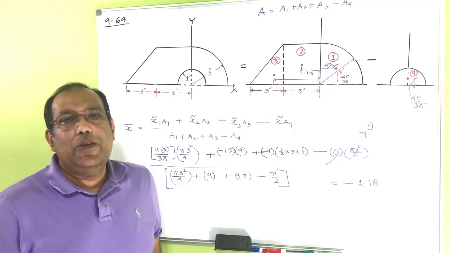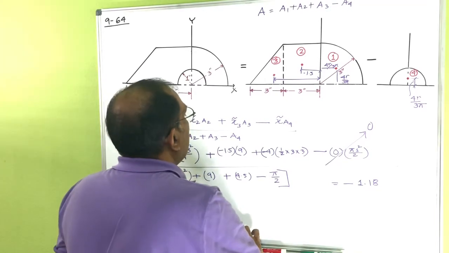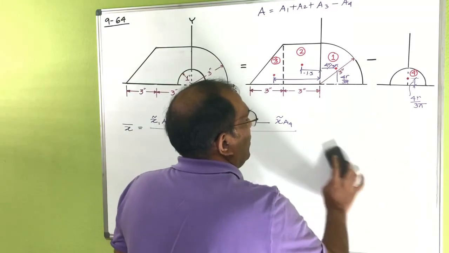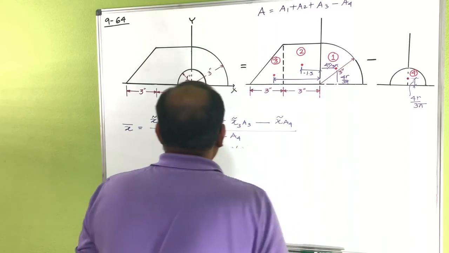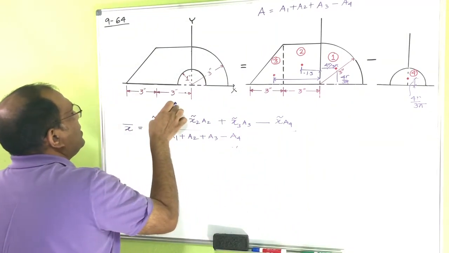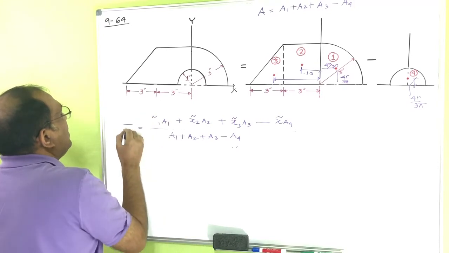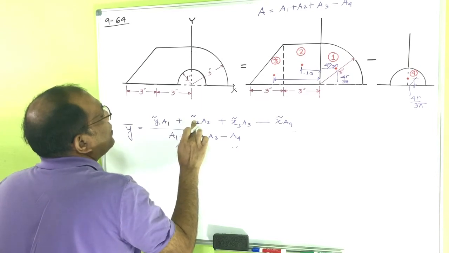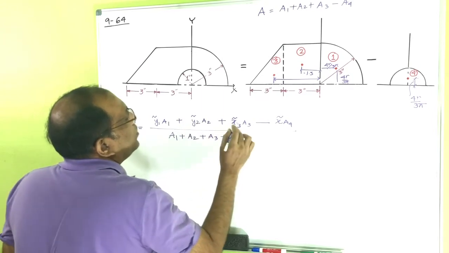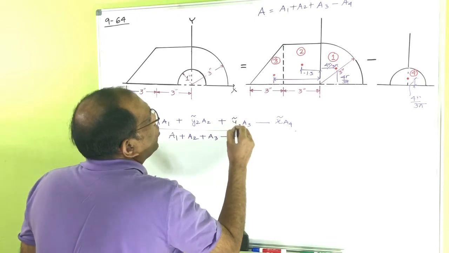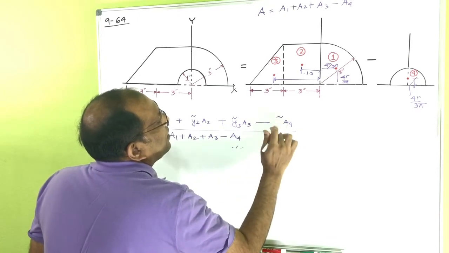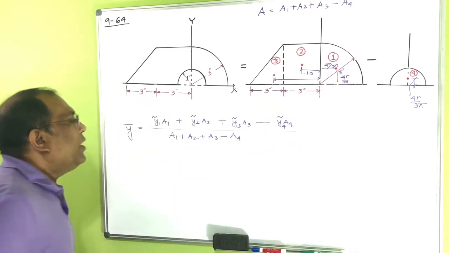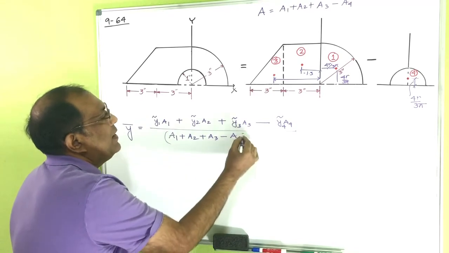Now let's try to do that one for y bar. For y bar, the only thing that is going to change is y1, y2, y3, y4, and then A1 plus A2 plus A3 minus A4.